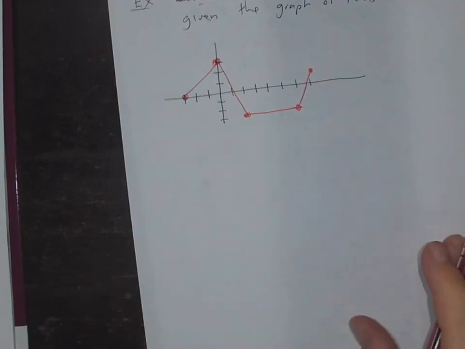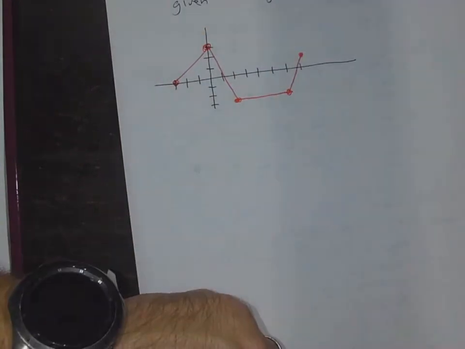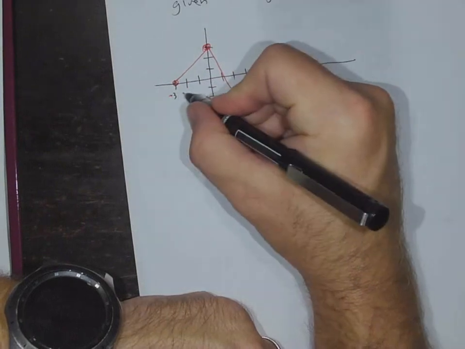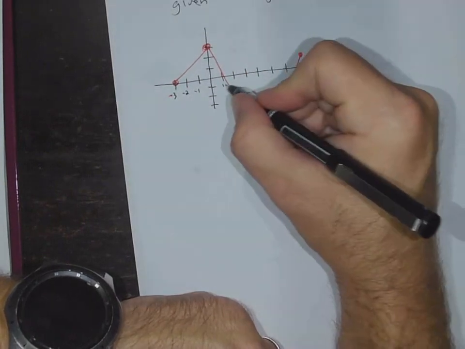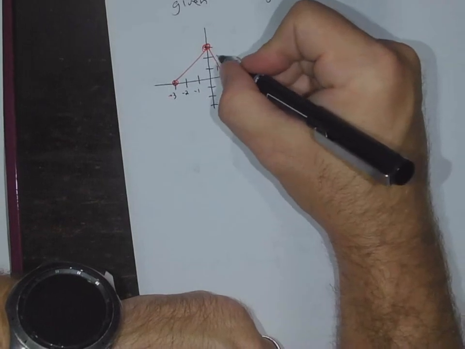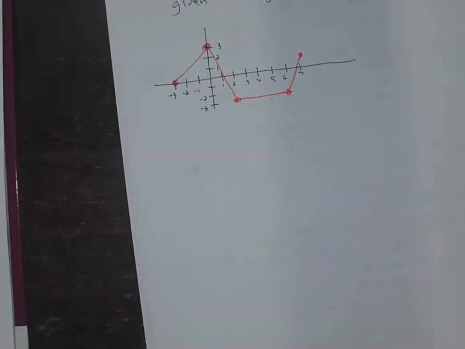Okay, so here's our function, and these points are what you expect. These are just -3, -2, -1, 0, 1, 2, 3, 4, 6, 7, and this is 1, 2, 3, and then -1, -2, -3, and so on. So the points are what you expect.